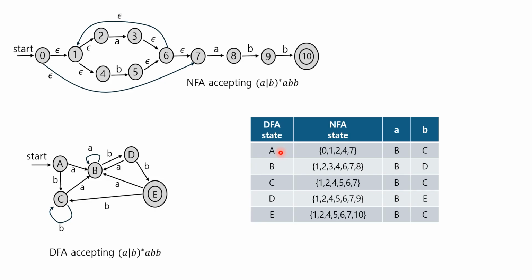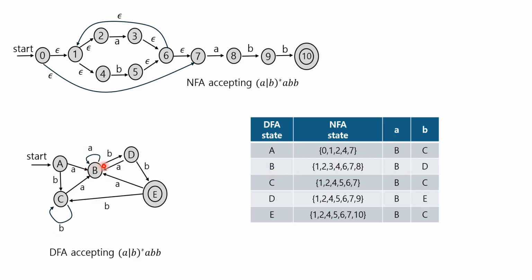So for DFA state A, we connect state B with input symbol a. So A to B, we have a label from state A to B, and we connect with a b transition from state A to C. A to C is connected with a b transition, and you connect B to B with an a transition.